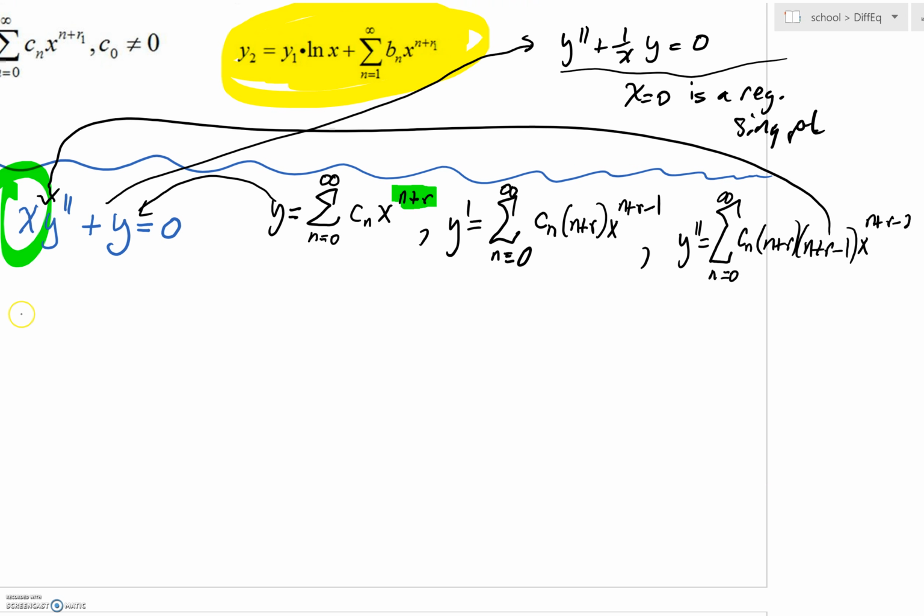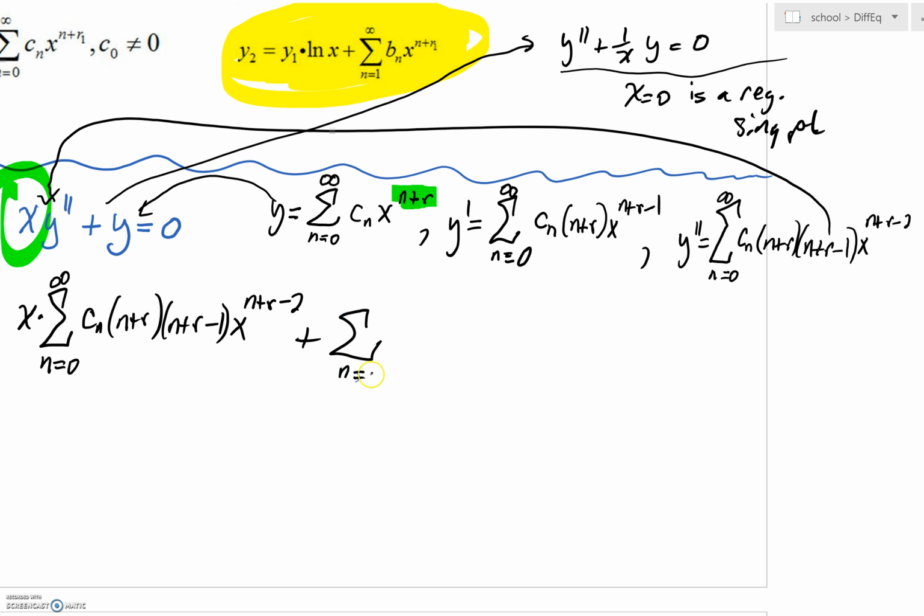But what's happening? Well, I'm going to say here's my x, and then I'm going to multiply to that this sigma, where we go from n equals 0 to infinity of c sub n, and here's n plus r, and here's n plus r minus 1, and here's your x to the n plus r minus 2. And then we'll say plus my y. Well, my y here is thankfully pretty straightforward.